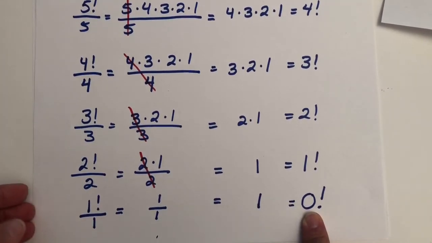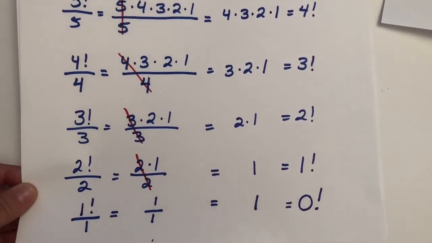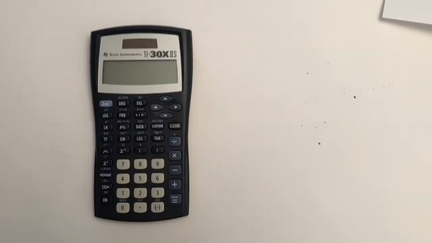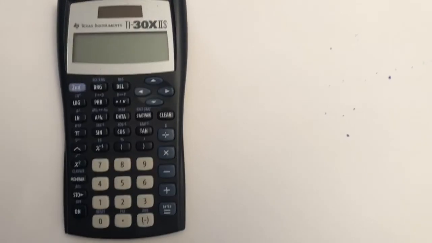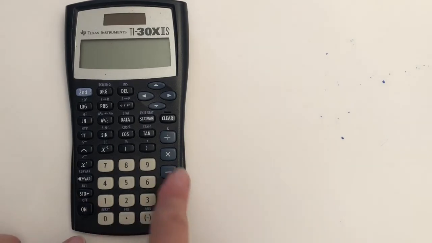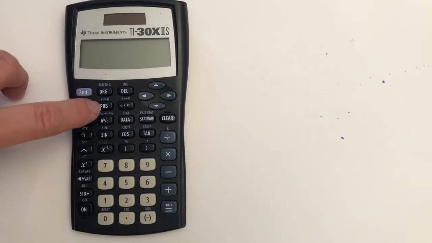Let's look at a calculator and see our calculator use with factorials. Scientific calculators have them programmed in. You'll need to find them on your calculator. Sometimes they're over one of the buttons down here. On this particular calculator, the factorial is under the probability menu, this PRB.